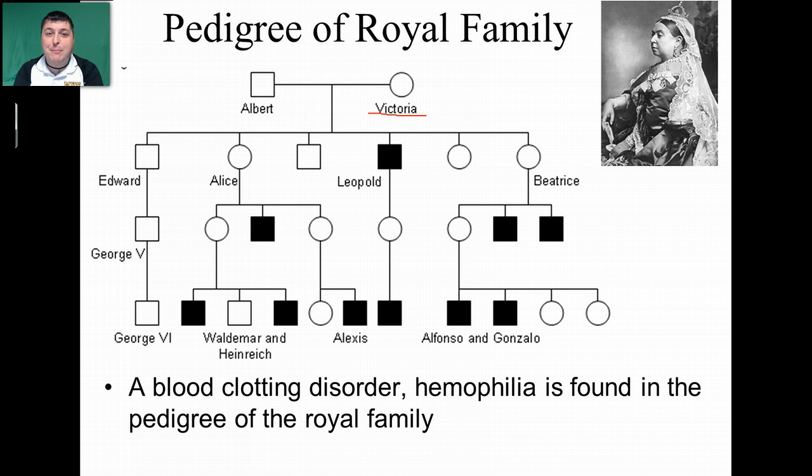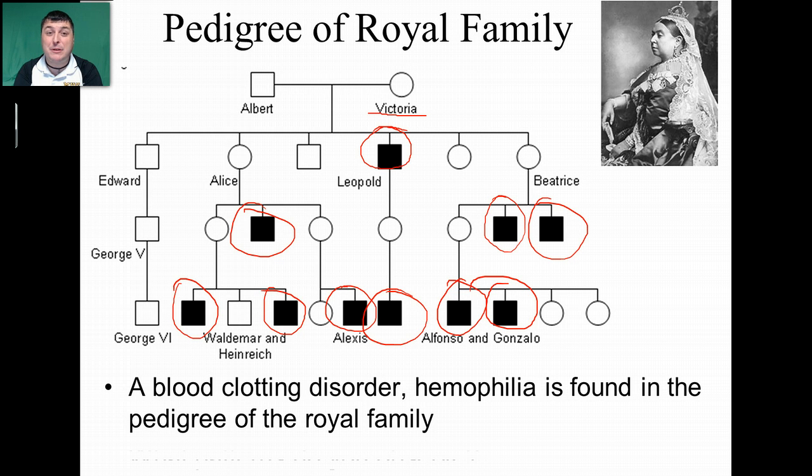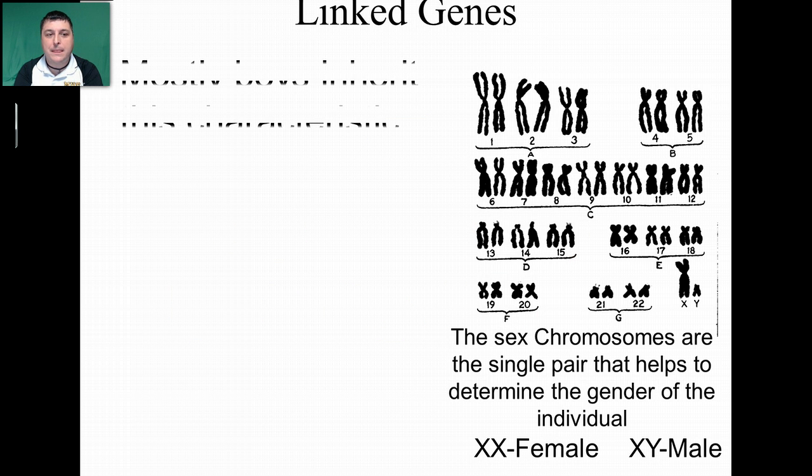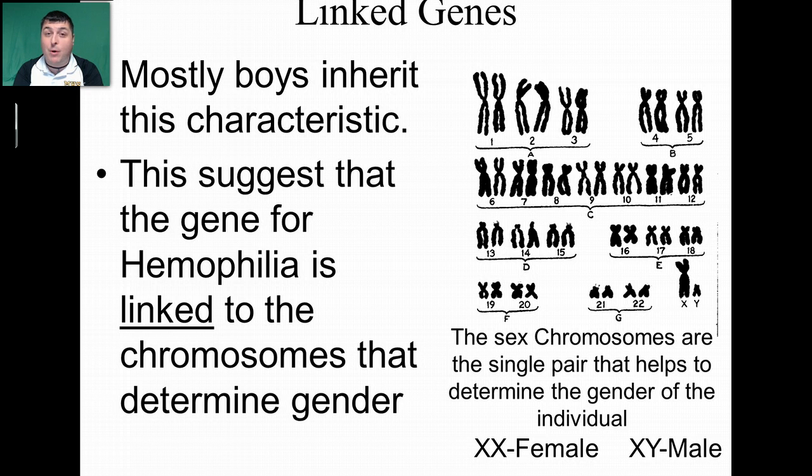Now, when we look at the pattern that emerges as individuals inherit hemophilia, you might notice something. All of those individuals that are inheriting the hemophilia happen to be boys. So since mostly boys inherit this characteristic, it suggests that the gene for hemophilia is linked to the chromosomes that determine gender.